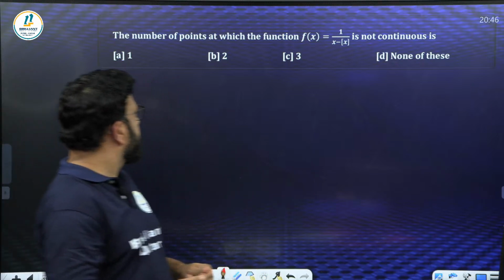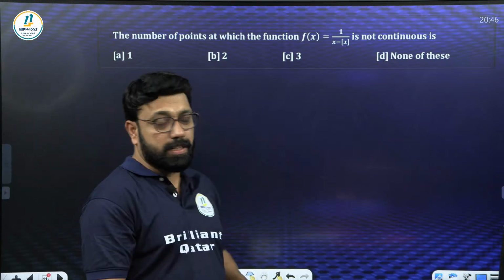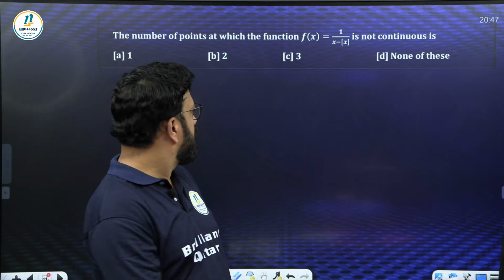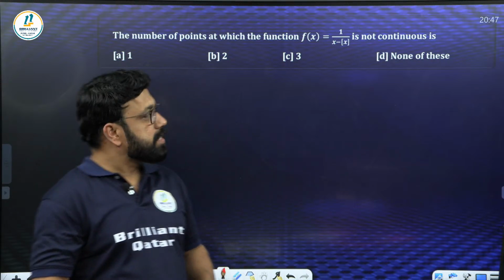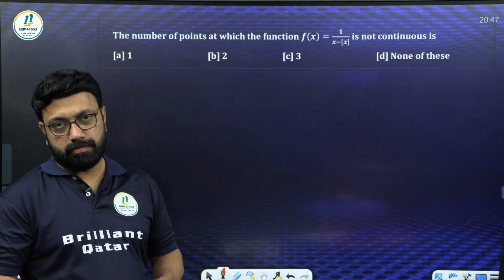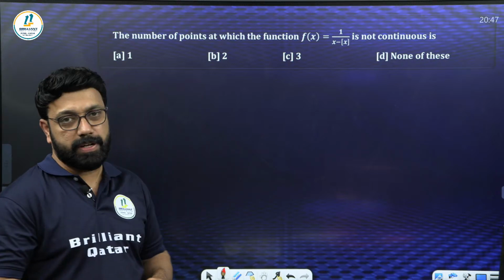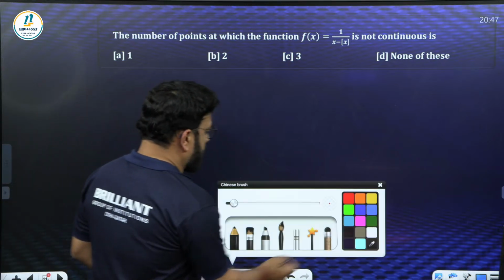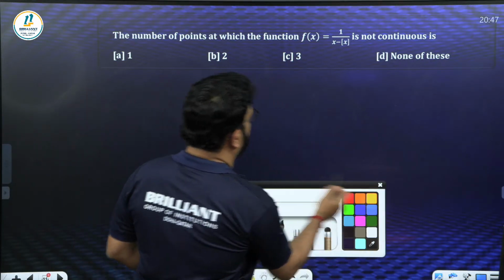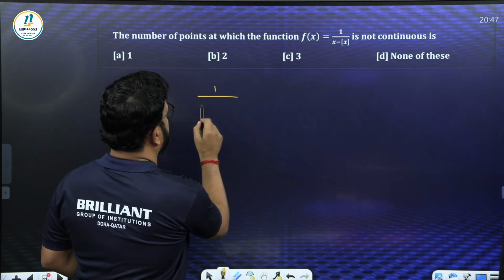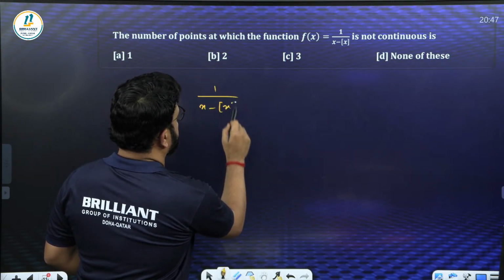The number of points at which the function f of x equal to 1 by (x minus greatest integer x) is not continuous. See, that's a rational function again, f of x by g of x, 1 by x minus greatest integer x.